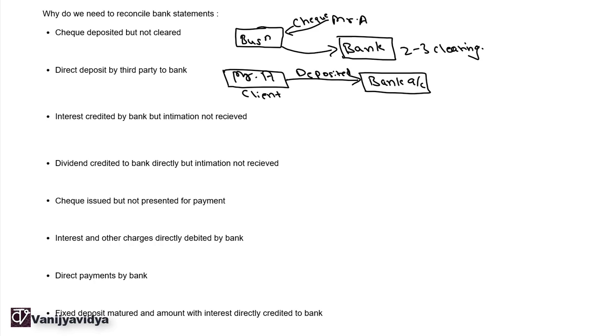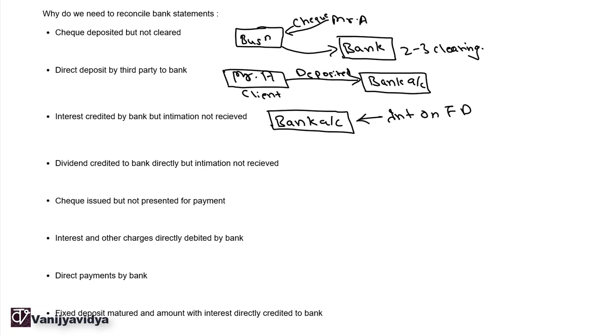Let's take the next scenario. Interest credited by bank but intimation not received. So in computerized system, say this is our bank account and we have some FDs and other deposits with the bank.